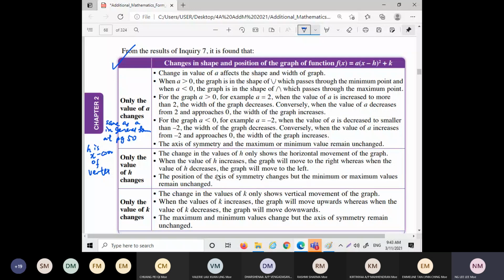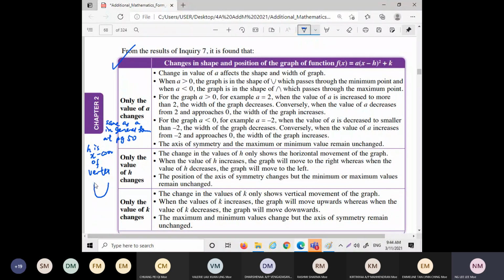Actually, the position of the axis of symmetry changes, but the minimum or the maximum value remains unchanged. What's the meaning? It means this way.